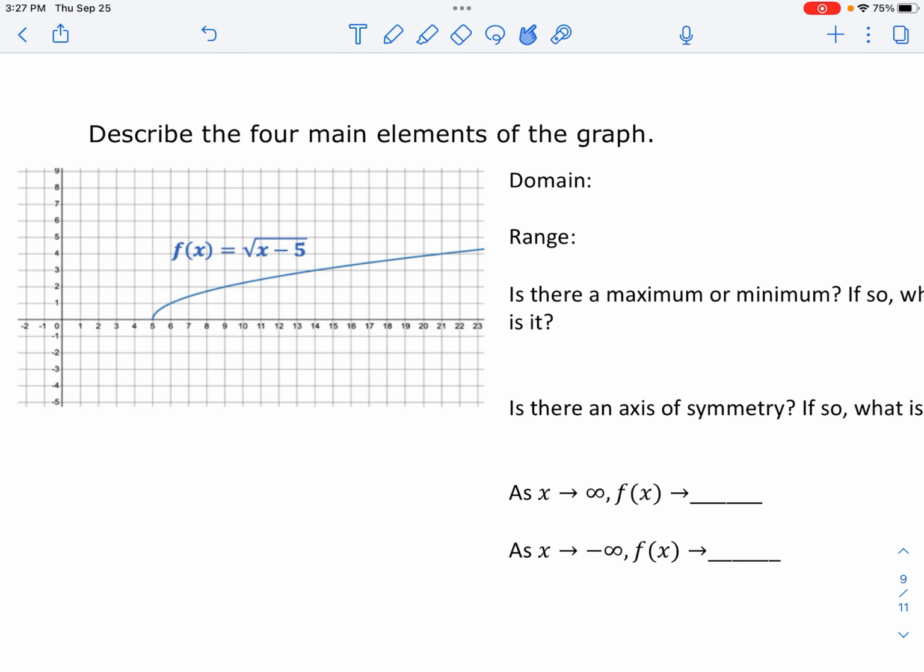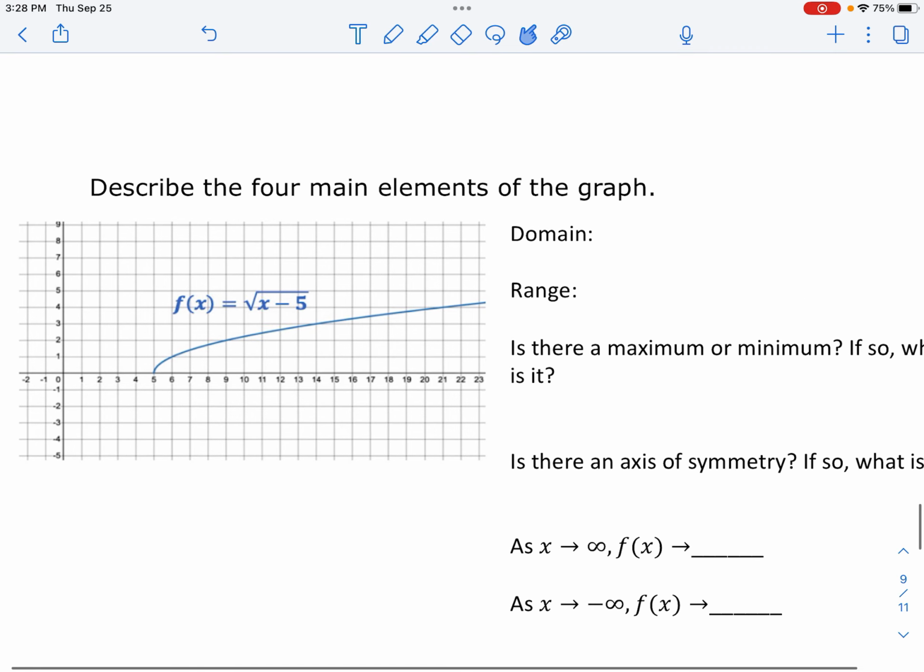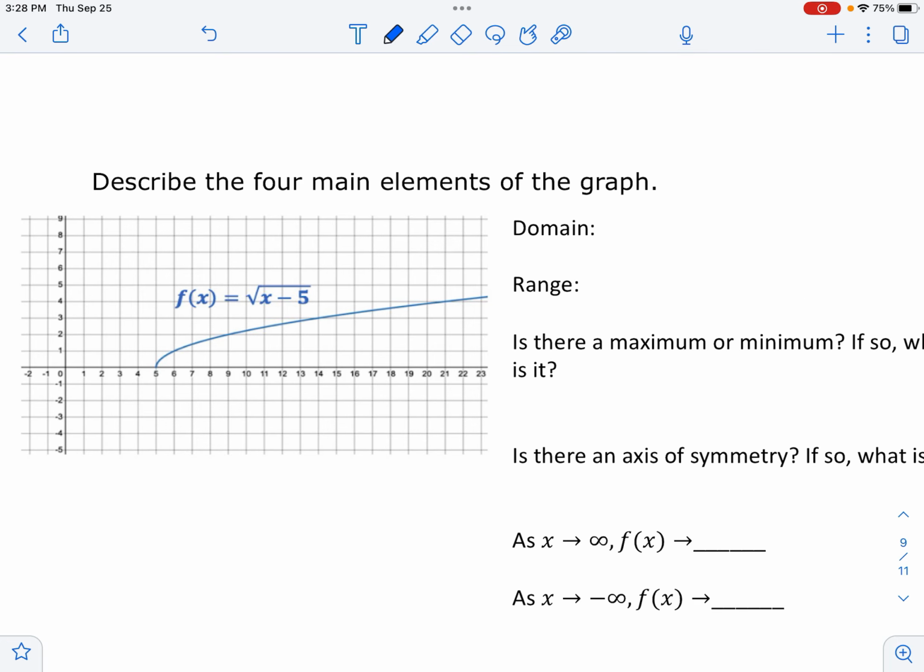So the domain is, what can I plug in for x? You'll notice on my graph, x is only from here over to the right. So anything 5 or bigger is okay.